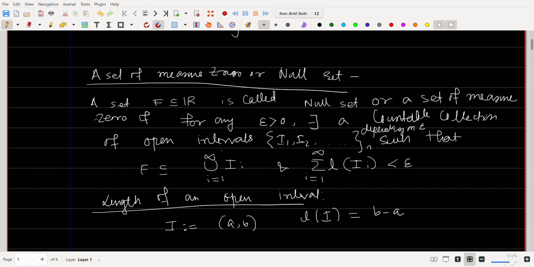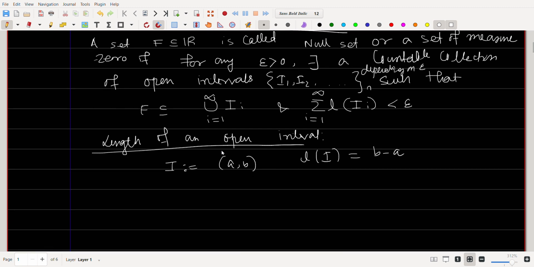So a set of measure 0, or a null set, is basically a set where for any epsilon greater than 0 you can find a countable collection of open intervals such that F is contained in the union and the summation of the lengths of those open intervals is less than epsilon.